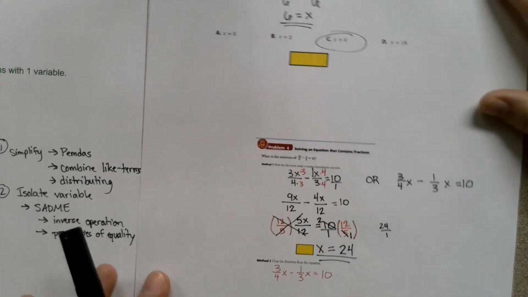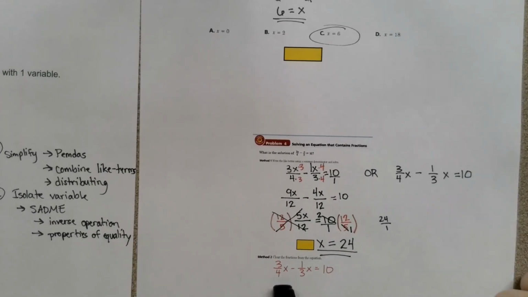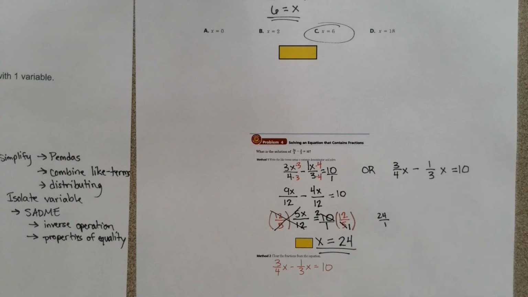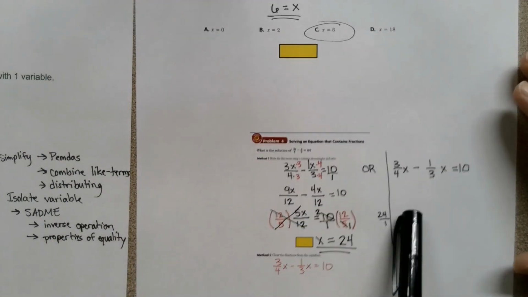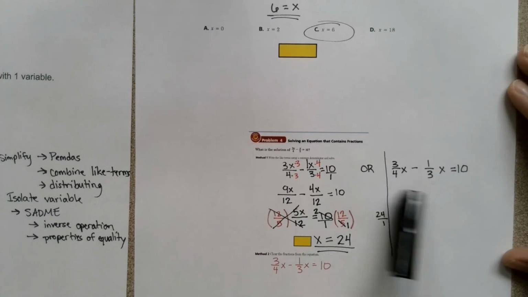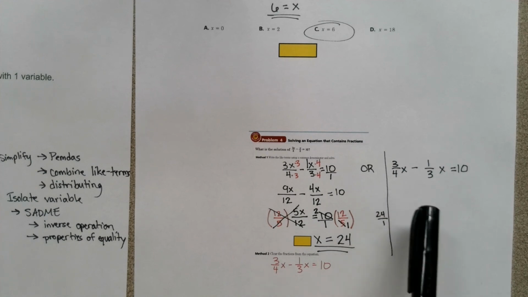Here's another way. You'll see that method 2 is saying that we're just going to clear the fractions from the equation. So in order to do that, what we want to do is multiply by the least common denominator between the two.